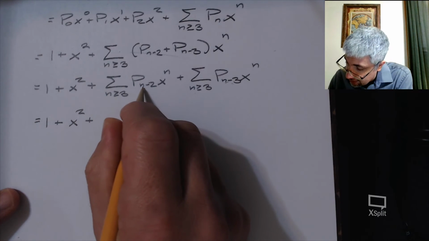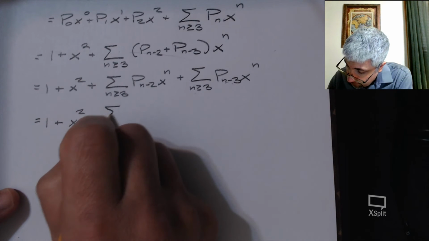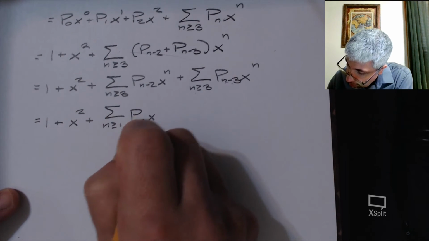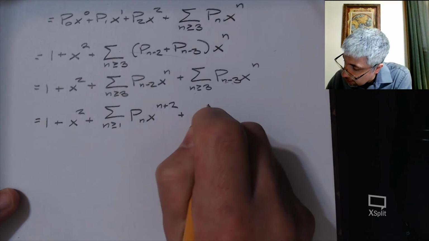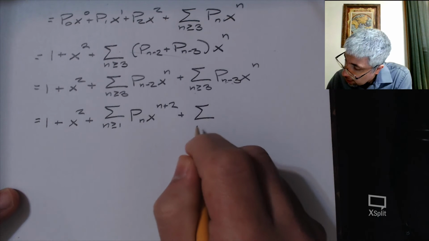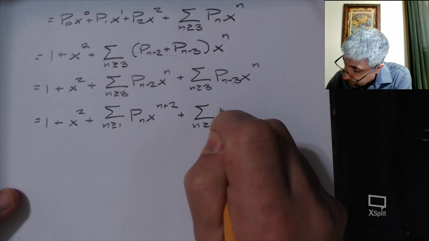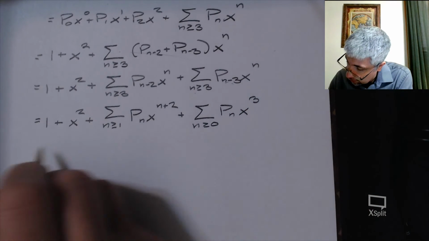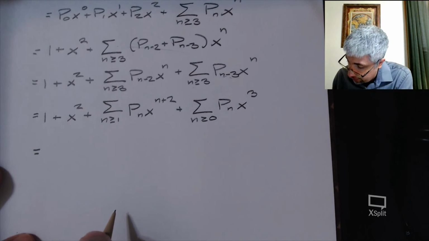So I'm going to re-index this by replacing n with n plus 2. And this one here, I'm going to re-index by replacing n with n plus 3. Okay. So now what can I do?